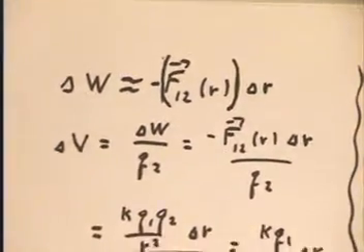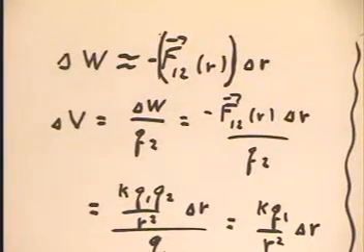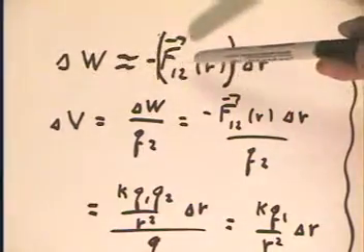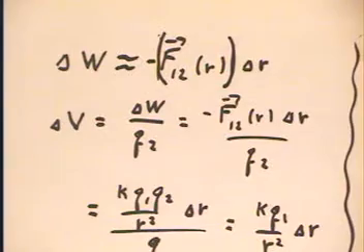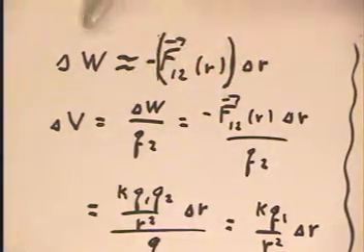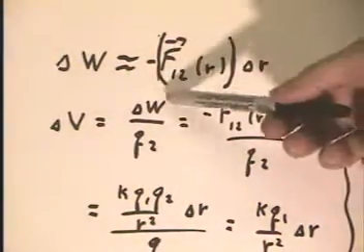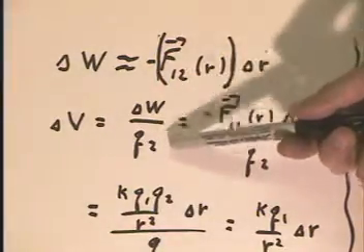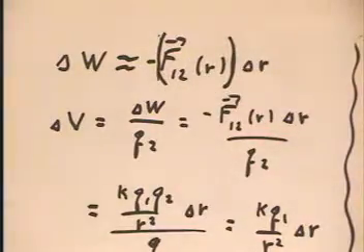Now the delta w is just the negative of f12 of r, so that our delta w will be negative f12 of r times delta r. Then the work that we do will be the sum of all these delta w's. The delta v that we get over a short interval will be delta w over q2, because q2 is the charge that we're moving, and delta v is the work done per unit charge.